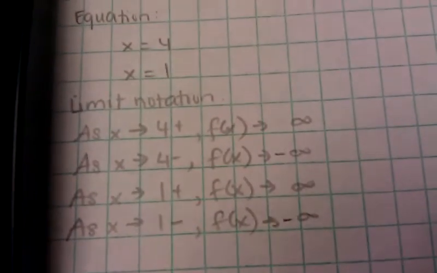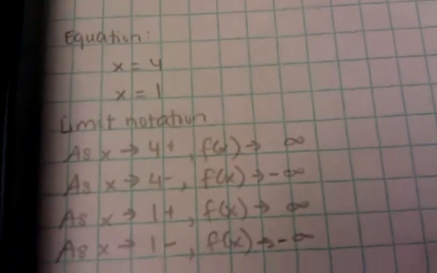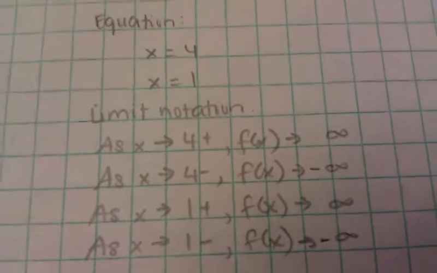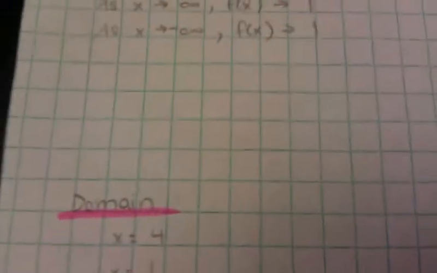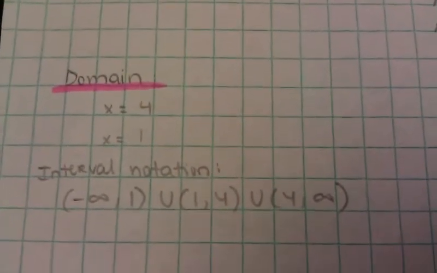So the same thing with 1 positive and 1 negative. And because we didn't cancel out any factors, there will be no holes at all. Next, we will look for the domain by using the vertical asymptote and the holes.